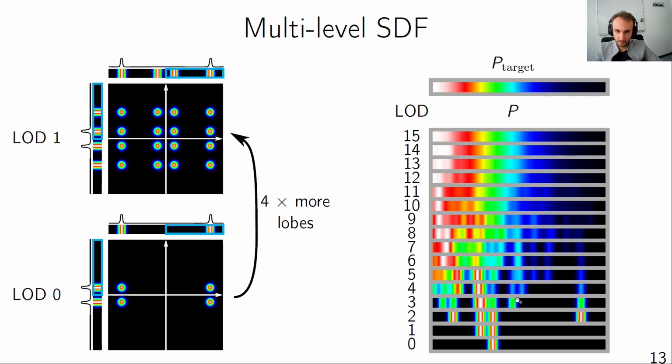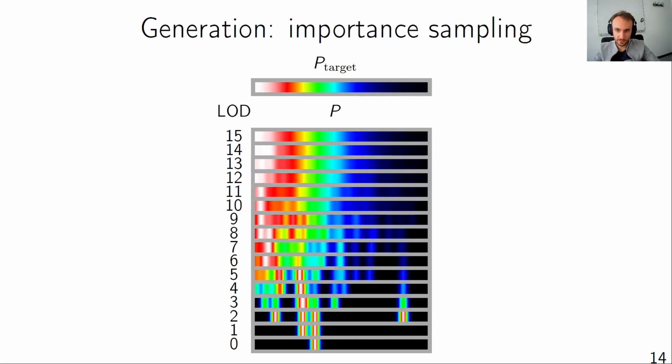The number of lobes is multiplied by 2 in 1D to go from level L to L plus 1. In 2D, the number of lobes is therefore multiplied by 4. To generate multi-level SDFs that converge to a target distribution, we import and sample the target distribution to place tiny lobes. The aggregation of the lobes allows converging to the target distribution.